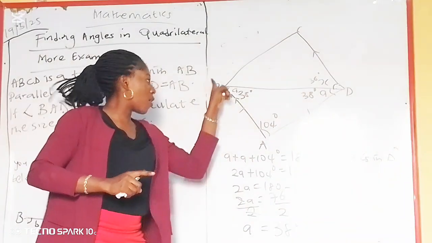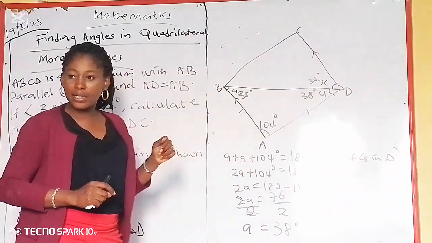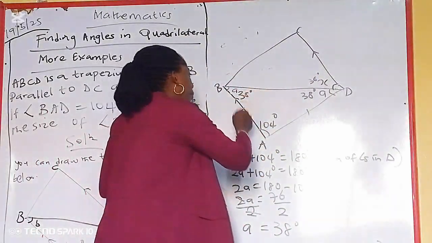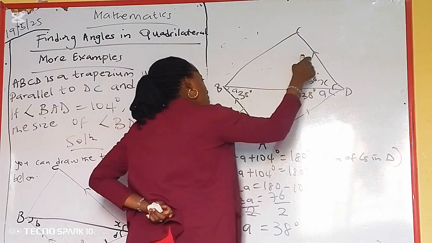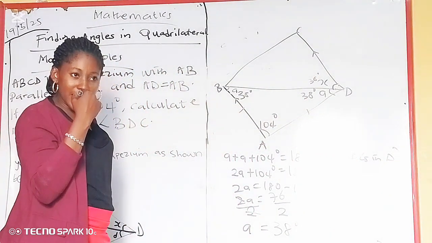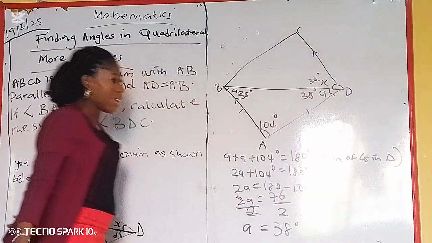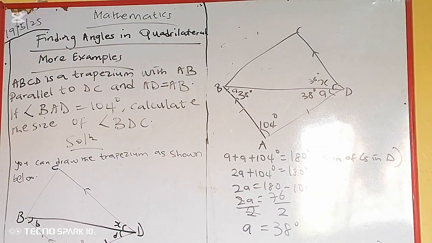AB is coming from there, DC is coming from the other side. Having gotten that both of them are parallel, that's what we indicate here. Parallel. Are you seeing it now? So you label it A, B, D, C. You move again. What else?